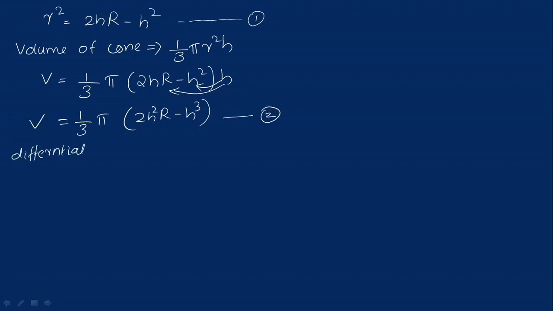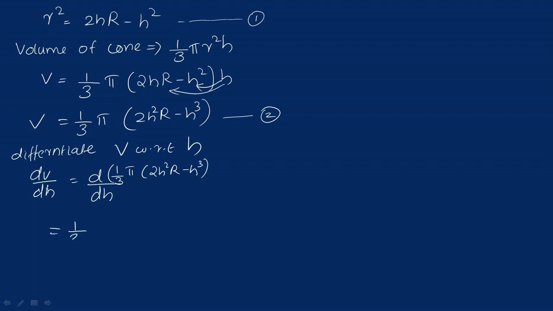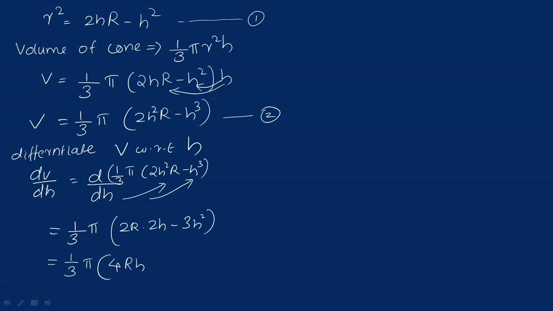Now differentiating V with respect to h, we have dV/dh, that is d/dh of (1/3)π(2h²R − h³). (1/3)π is constant, so d/dh of 2h²R, that is 2R into h², that is 2h, minus h³, that is d/dh, that is 3h², or dV/dh is equal to (1/3)π(4Rh − 3h²).